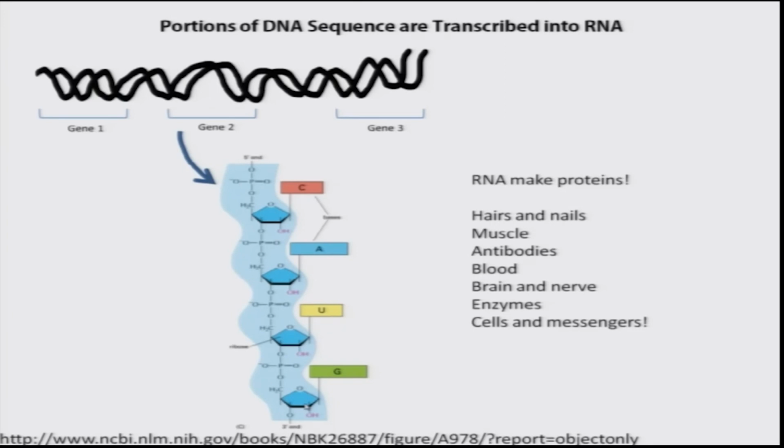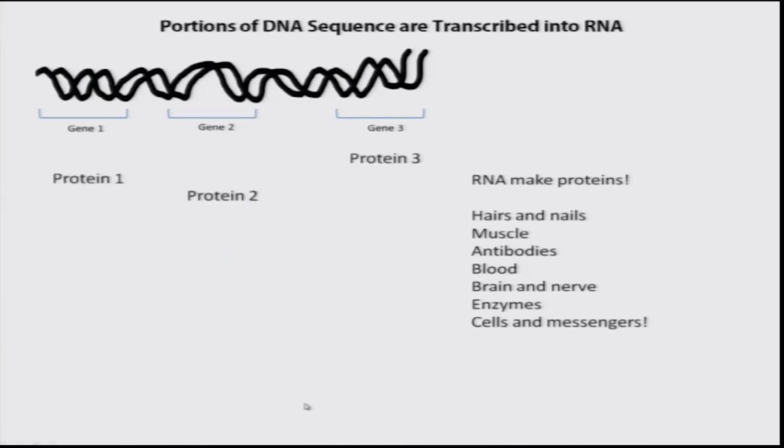You have proteins everywhere, whether it's your hair, nails, muscle, antibodies, blood, plasma, or even the different types of cells that you have, brain, nerve, enzyme, and you name it, any of them would be made up of proteins. So that signal comes from your DNA via the RNA.